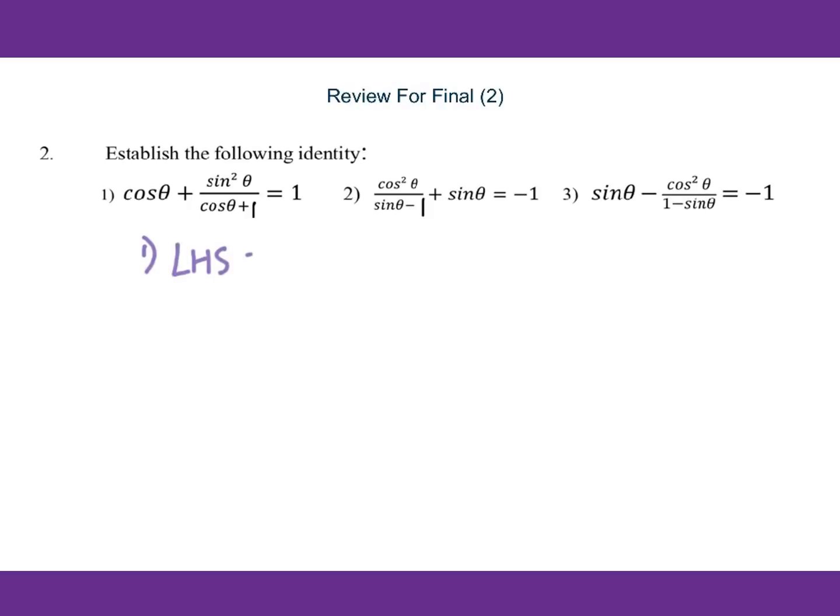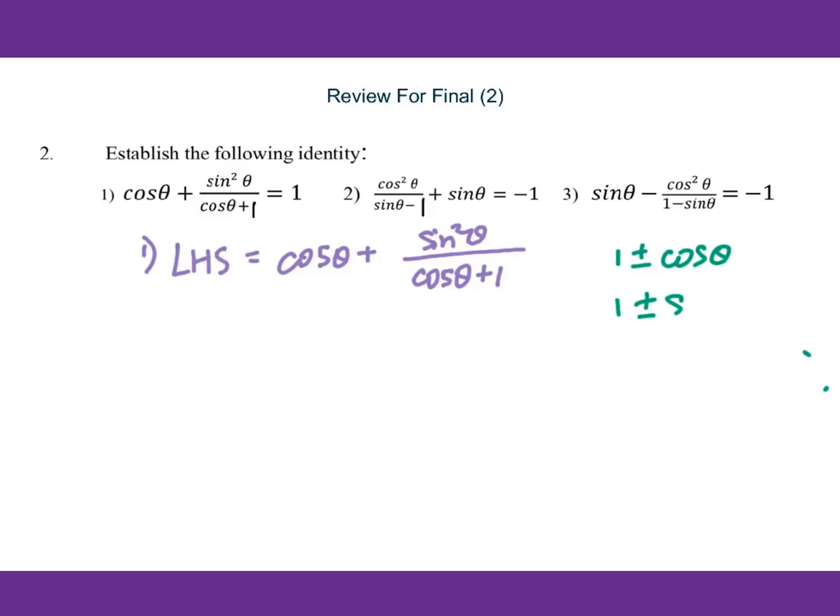left-hand side equals cosine theta plus sine square theta over cosine theta plus 1. Remember, when you get 1 plus or minus cosine theta or 1 plus or minus sine theta, you have to use conjugate multiply.